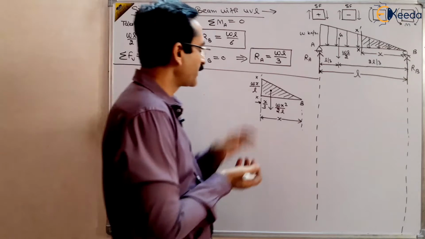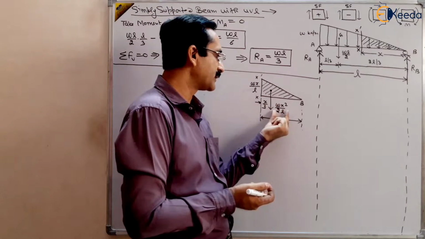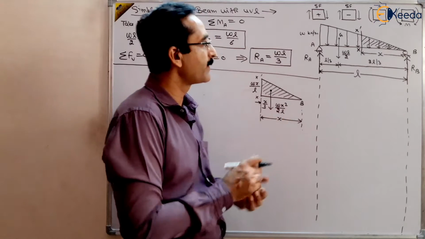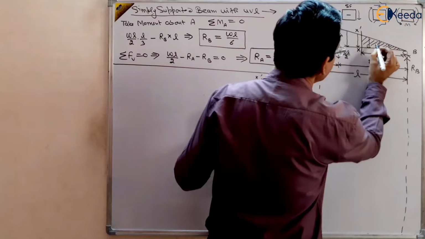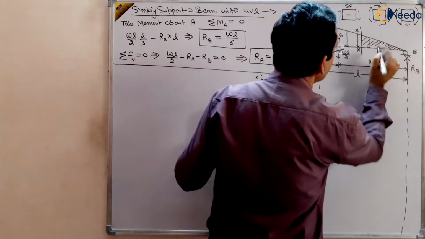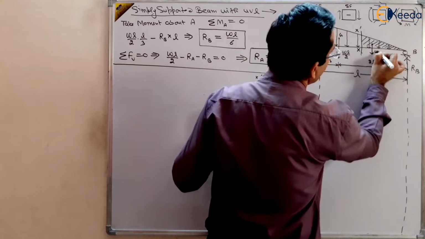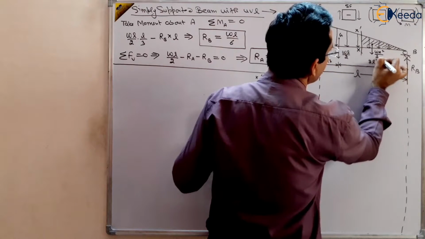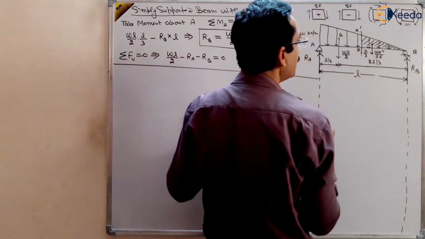So at a distance of x by 3 from X dash, a load Wx square by 2L is acting. Wx square by 2L is the load acting here, at a distance of x by 3 from this side, right?